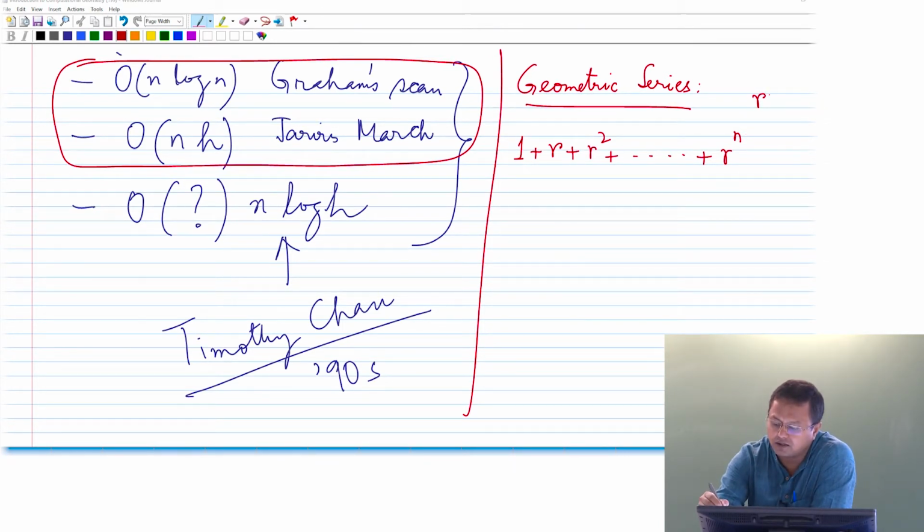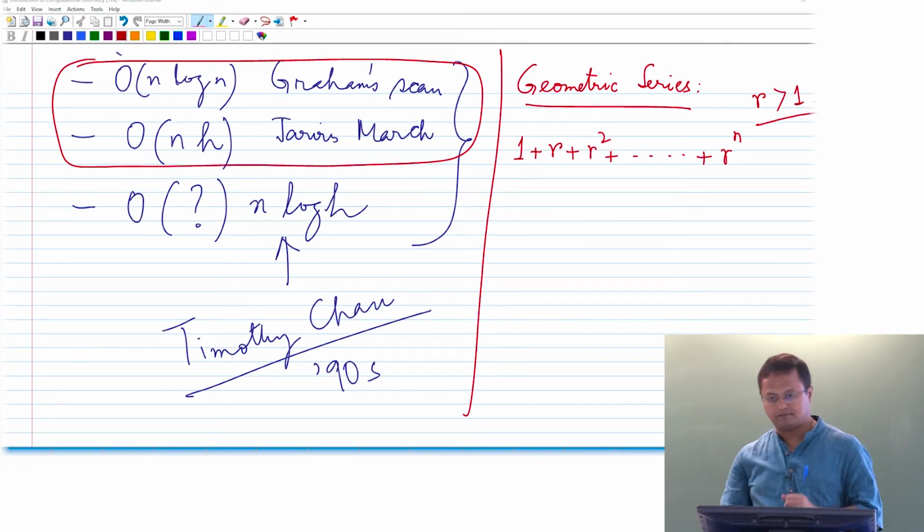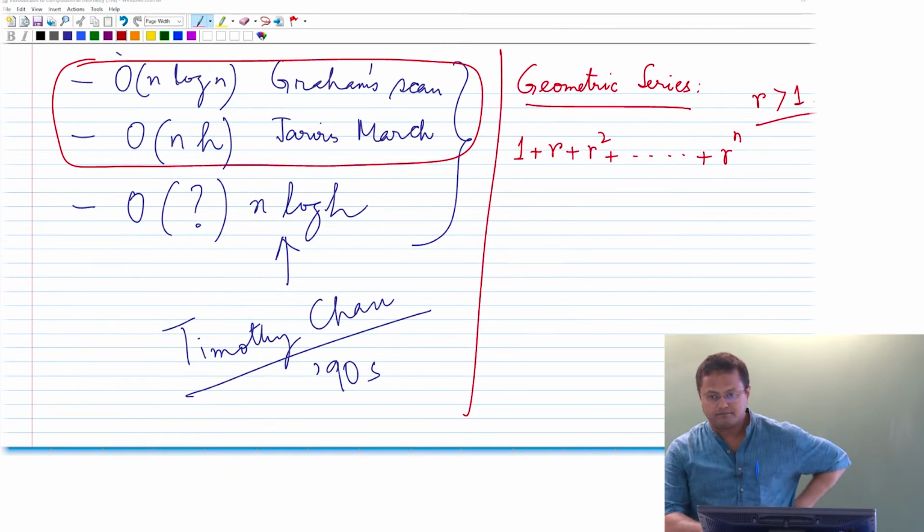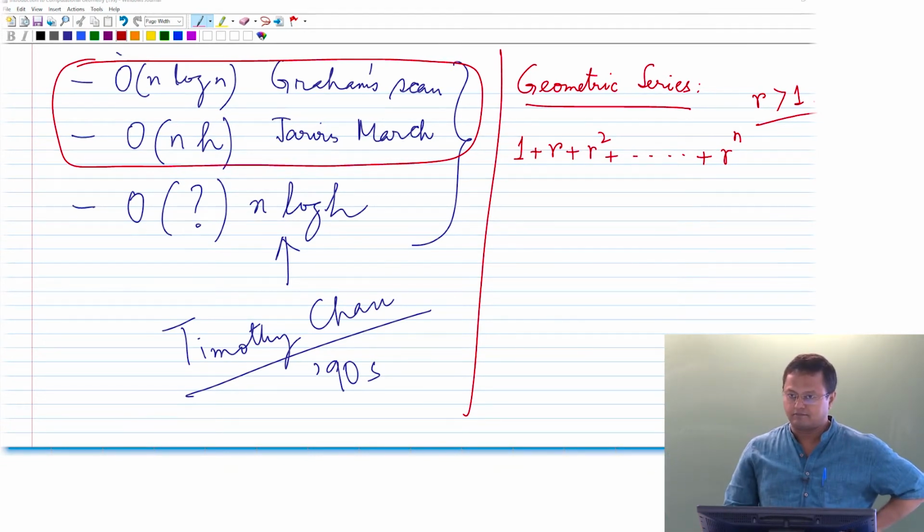And assume your R is greater than 1. So, what is this sum?